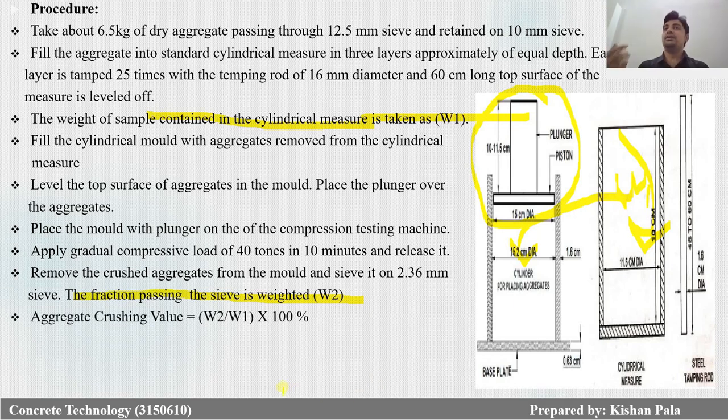Now you can easily calculate the aggregate crushing value as W2 by W1 multiplied by 100. What is W2? W2 means the weight of the fraction passing the sieve, and what is W1? The weight of the sample measured in the cylindrical measure.